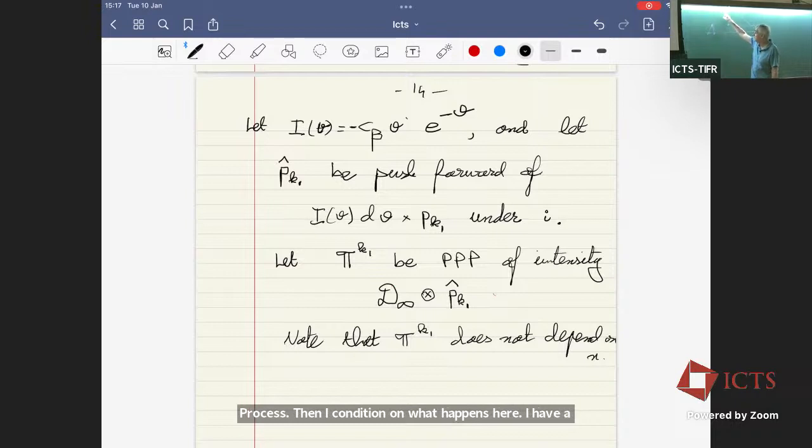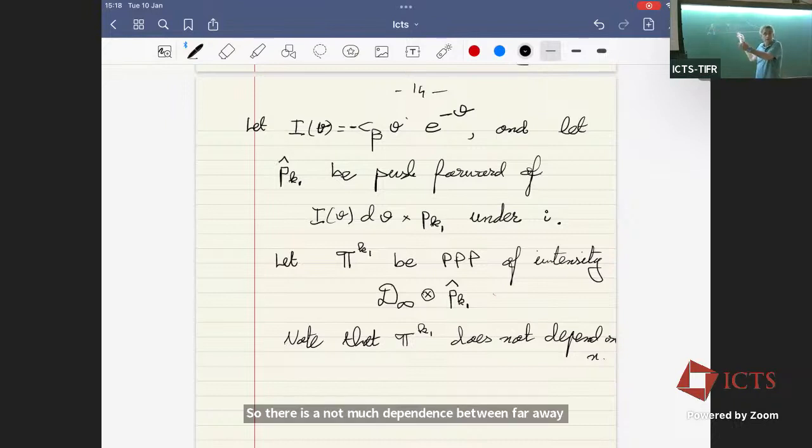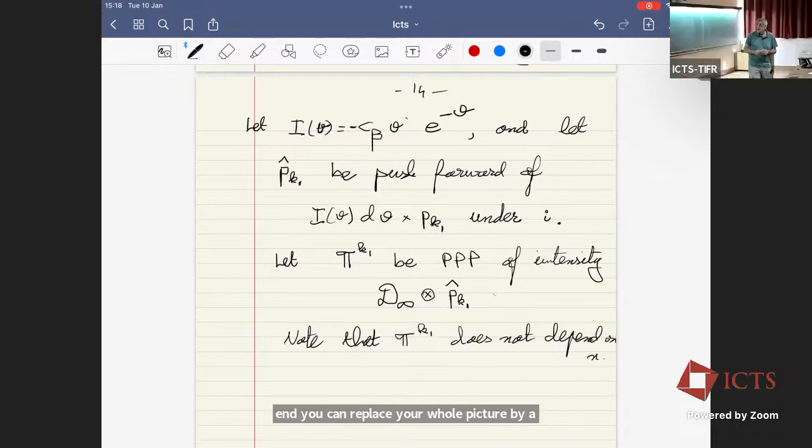There is not much dependence between far away points. And to get high, there will not be too many points that are close and that are high, so close together and high. So at the end, you can replace your whole picture by a Poisson point process with this K1 decoration.